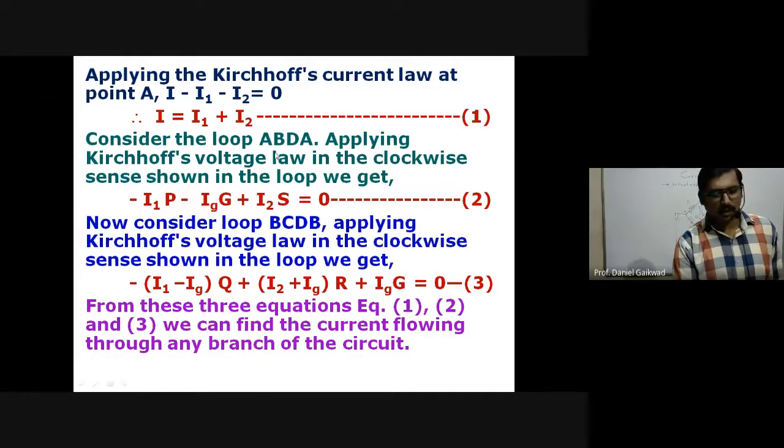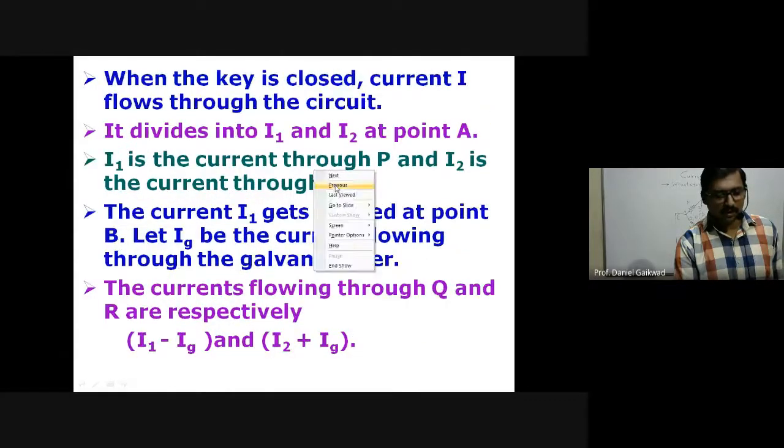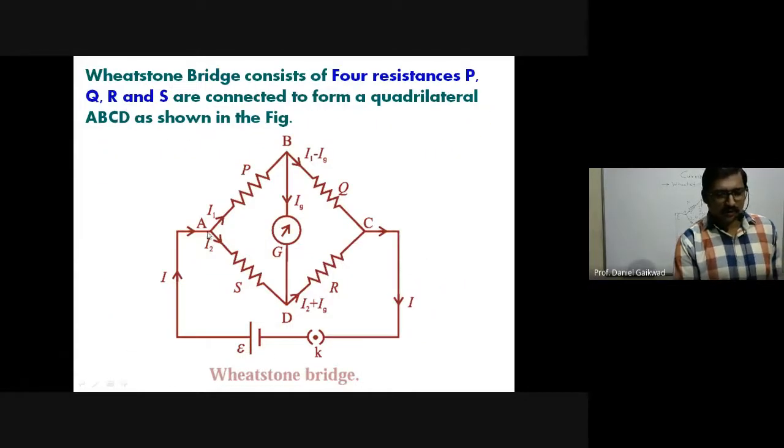Consider the loop ABDA. Now the second step is considering the loop ABDA. Check the diagram. This triangular loop we have to consider here. Now we go from point A to B. From A to B, the direction of current is the same as the direction of traveling.